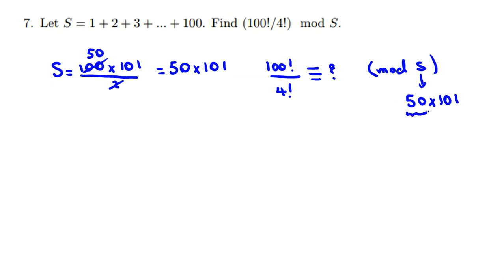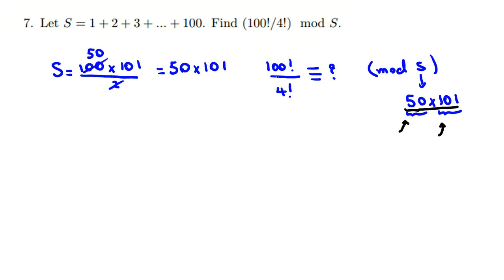So when we have two parts like this, one way, when you want to find the remainder of 100 factorial over 4 factorial when divided by S, because S is the product of these two numbers and they are coprime, is to find the remainder when divided by this one, when divided by that one, and then use these two things to reach the whole term. So how can we do this? You can use this new idea in congruencies if you've not seen it yet.